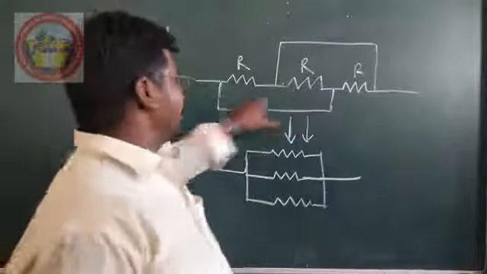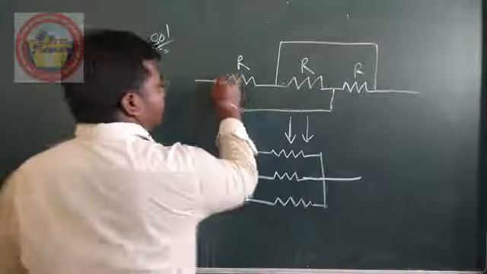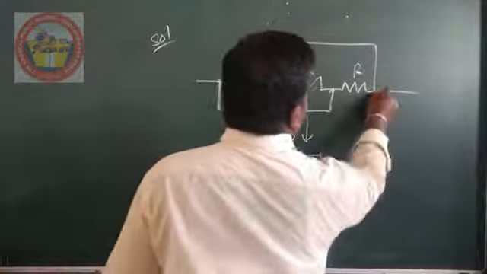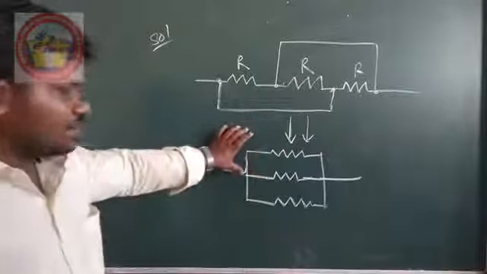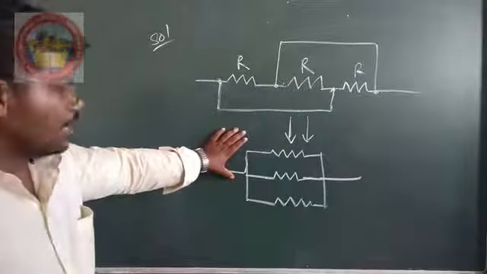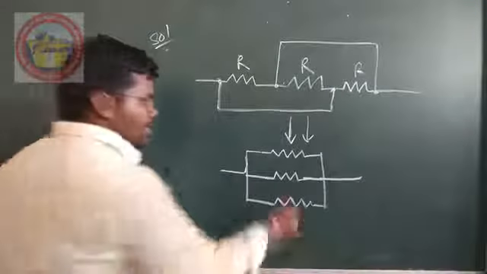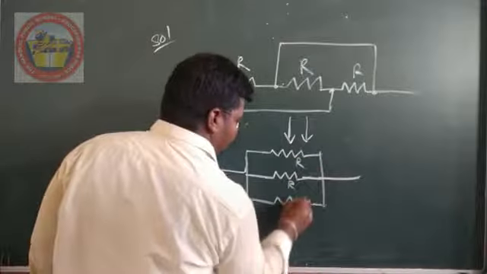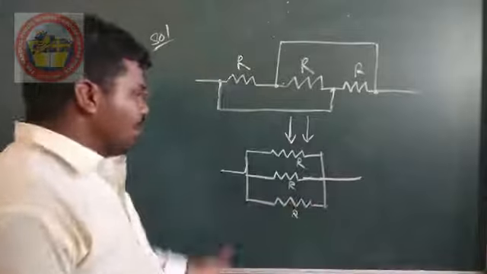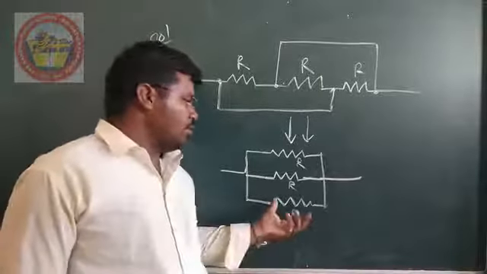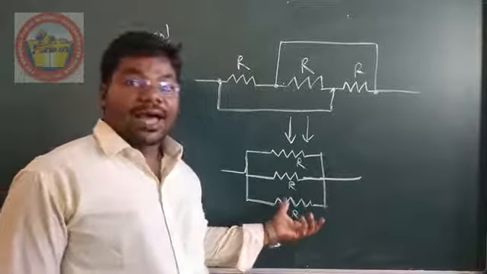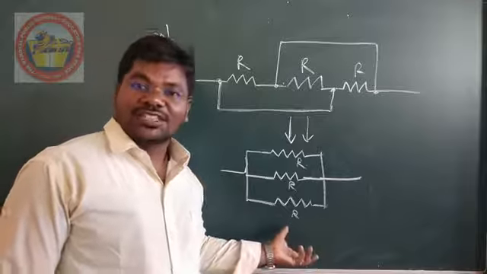So by observing every point, we can change this circuit diagram like this. Understand? Here each resistance is R. Looking at it, it is a parallel combination of three resistors.